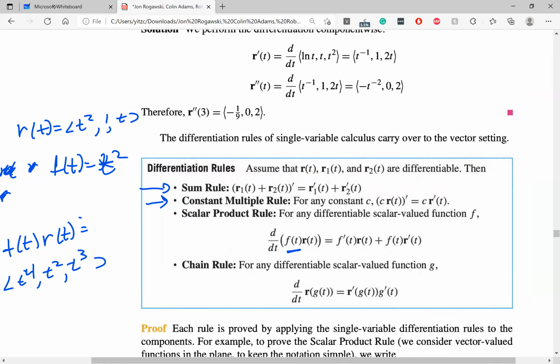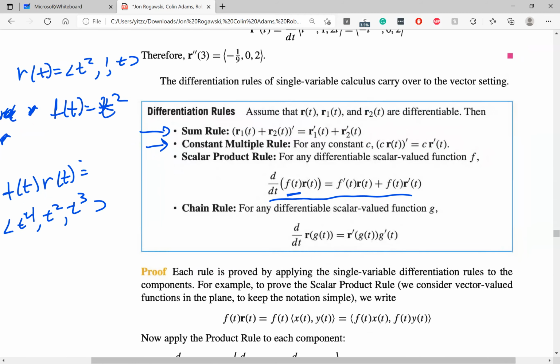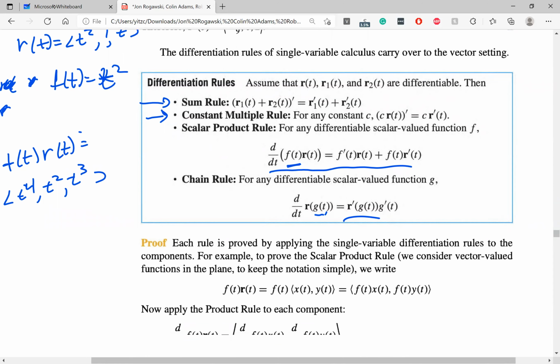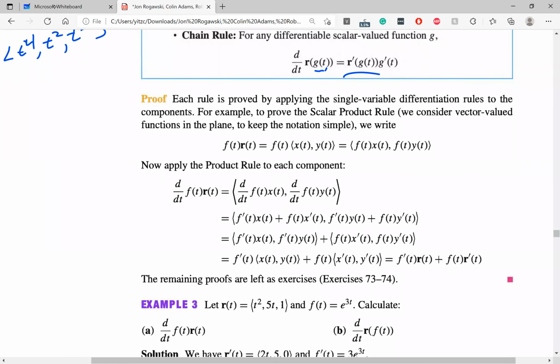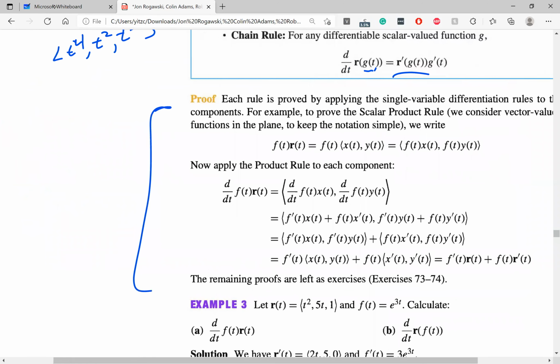The f of t is some scalar function, the r of t is some vector, you can multiply them. You have the product rule in that case. And of course, you're going to have the chain rule. If you don't have t over here, but you have g of t, you can just take the chain rule. And this all follows from the single valued case, because when you take the derivative, you just go into every component individually, and that's what these proofs basically do.